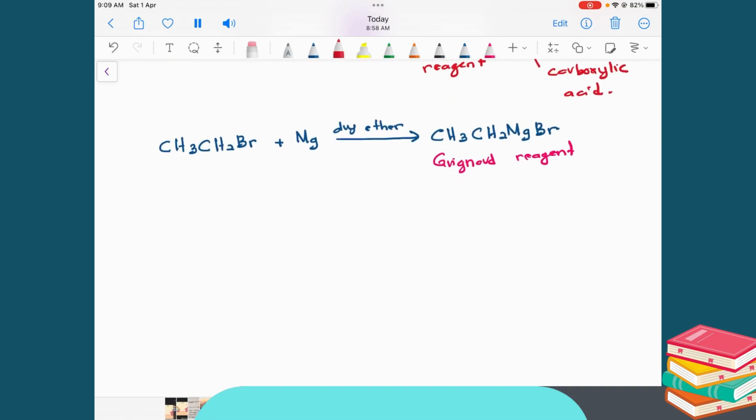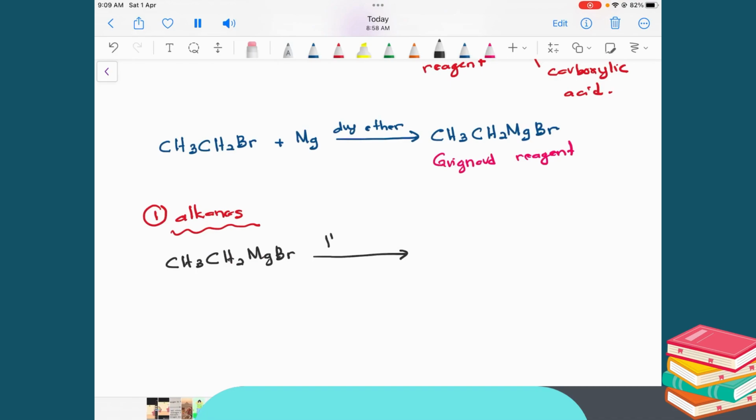Now I will show you how we can prepare alkane from a Grignard reagent. We choose the same Grignard, which undergoes reaction with acidified water.